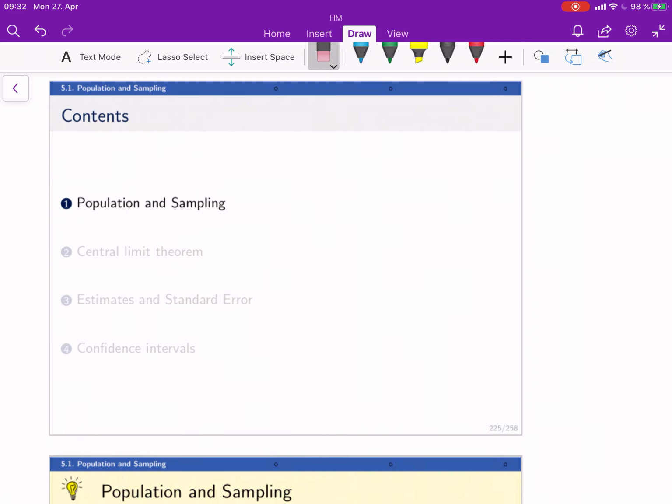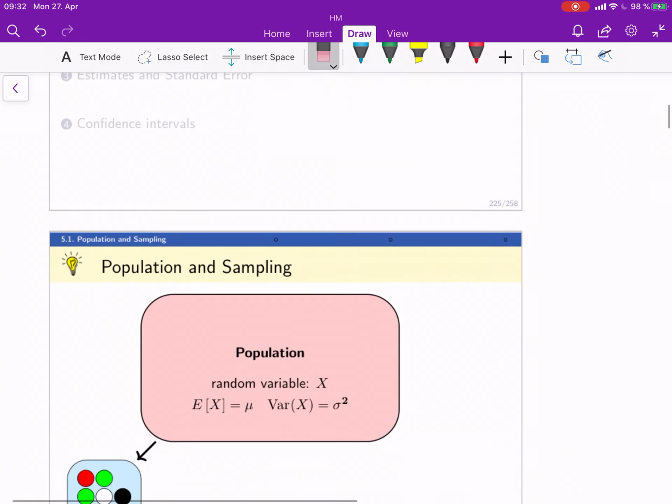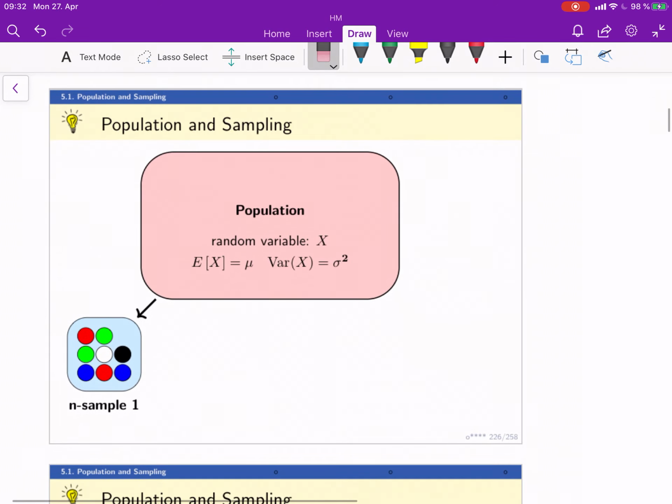The first thing I want to talk about is the population and sampling. What is the relationship between those two? In the first chapter of this first lecture, we talked about data. So we've got a sample of data, and in there we calculate things like the mean value, different averages.